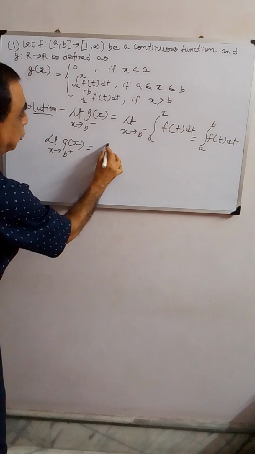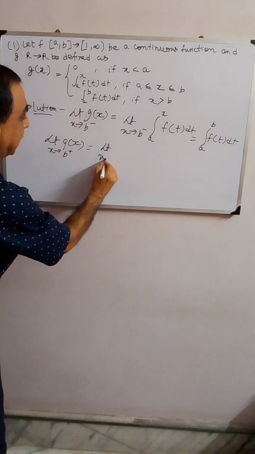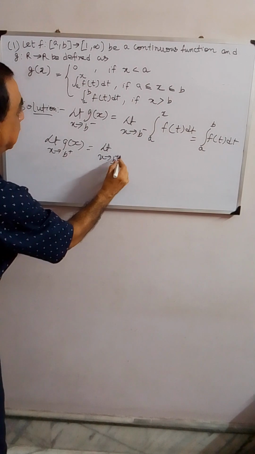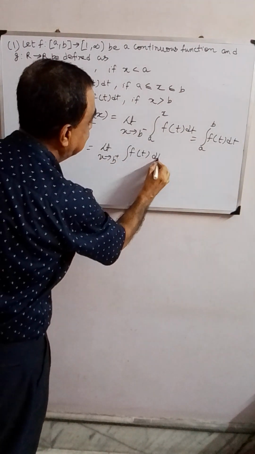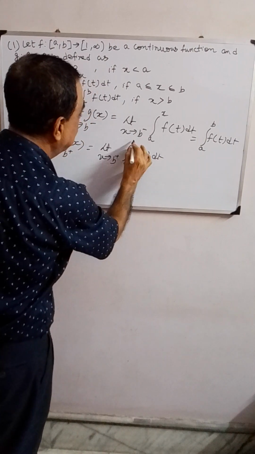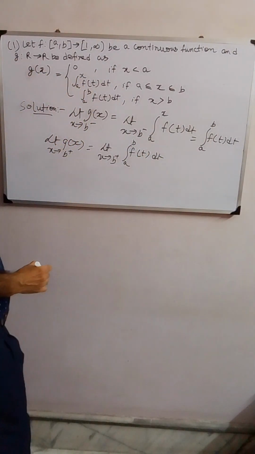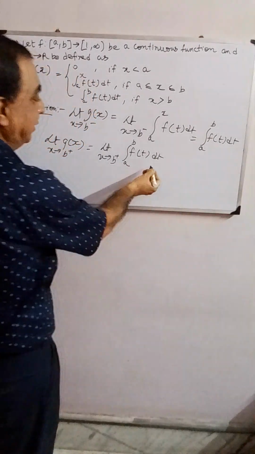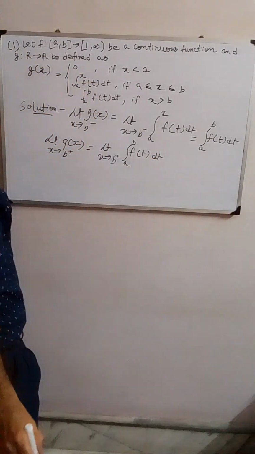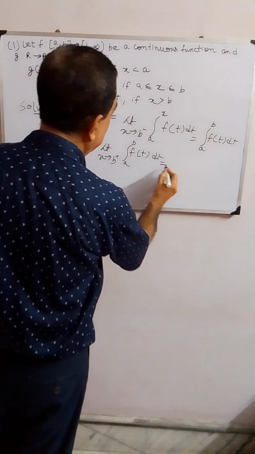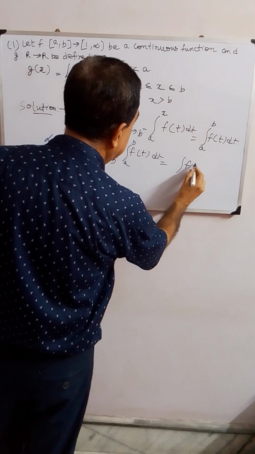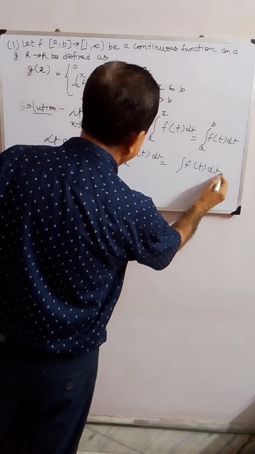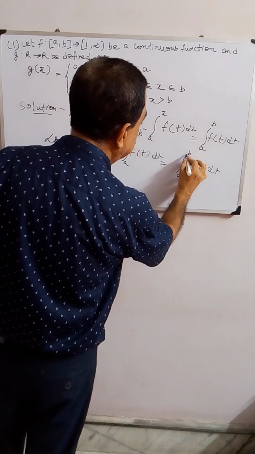So this is equal to the limit as x tends to b plus of the definite integral of f(t) dt to the limits a to b. Now there is no term of x, so this is equal to the definite integral of f(t) dt to the limits a to b.